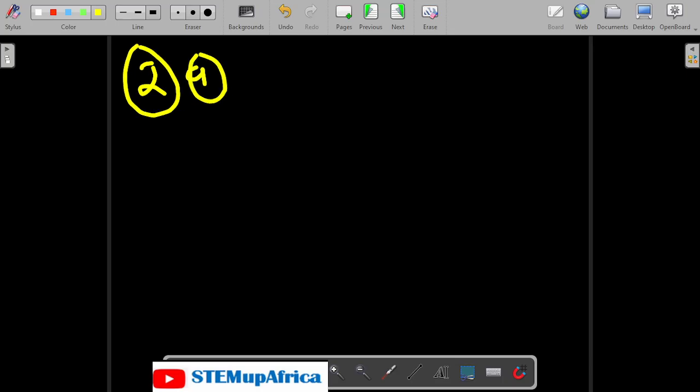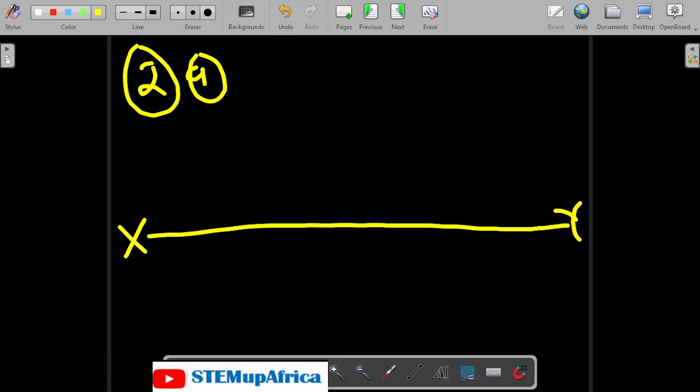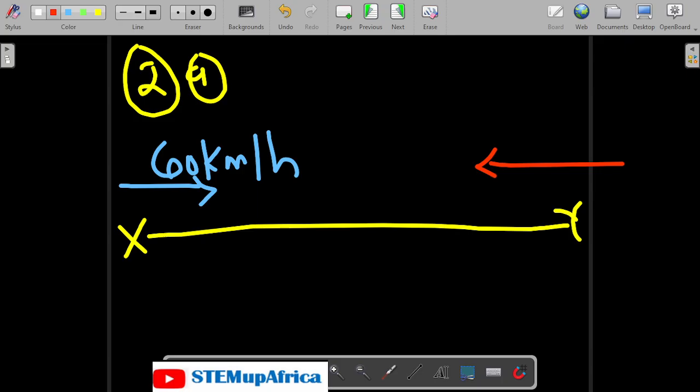So let's see, there's point X, here's point Y, traveling on the same course. X travels in this direction at 60 km per hour. Then Y travels in this direction because it says opposite direction at 80 km per hour.